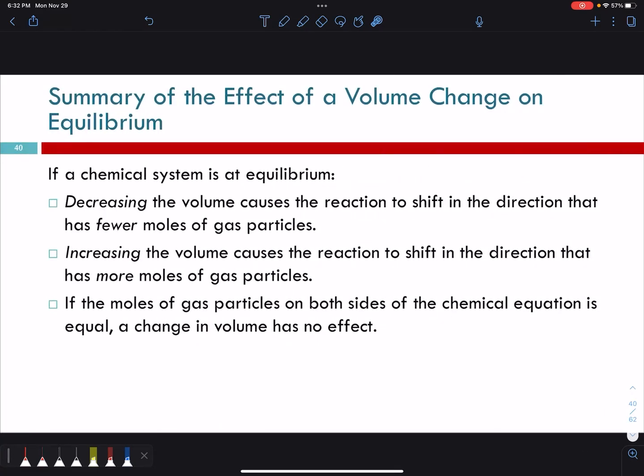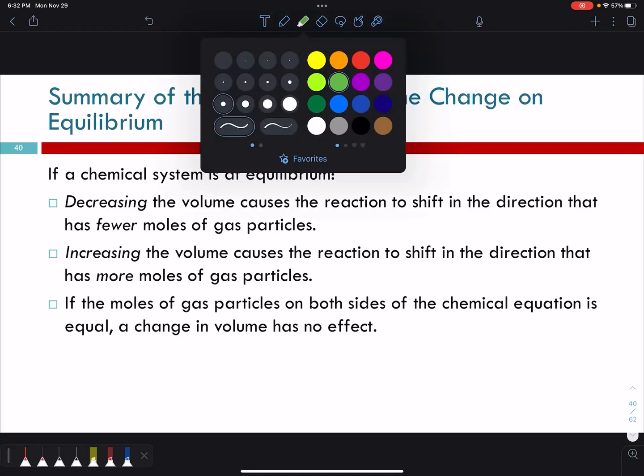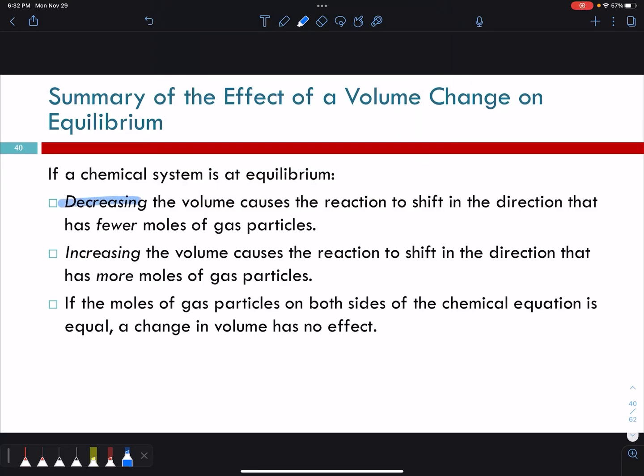So to summarize, decreasing volume increases pressure and causes the reaction to shift to the side with fewer gas particles. Decreasing, fewer.